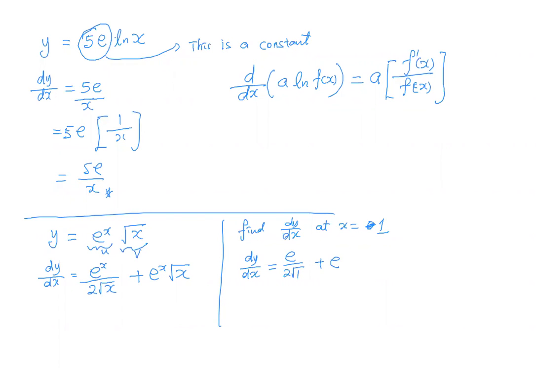Tell me, continue, how to simplify this? e over 2 plus e. So how many e? 3e over 2. Good. So everyone, you have to learn how to simplify all these things.